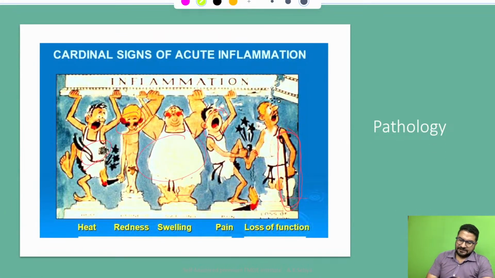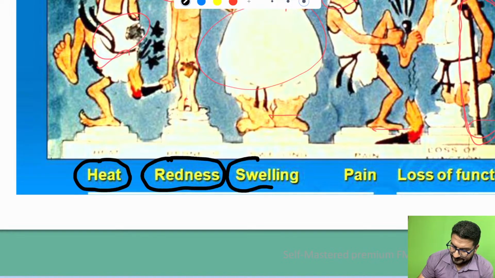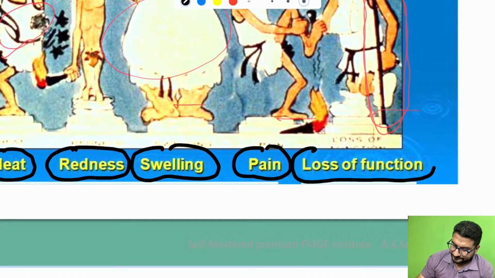Okay, now coming to some cardinal signs of inflammation. What are the main signs of inflammation? Any inflammation will have some signs. Starting with the first, there will be heat, redness, swelling, pain, and loss of function.